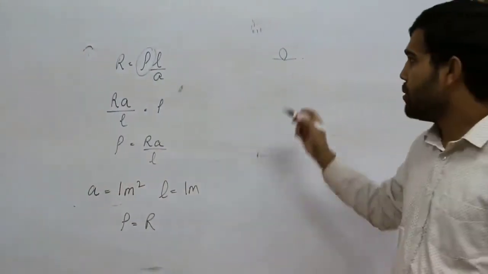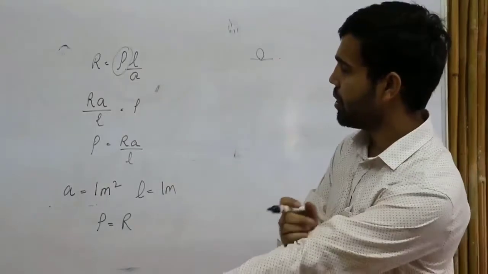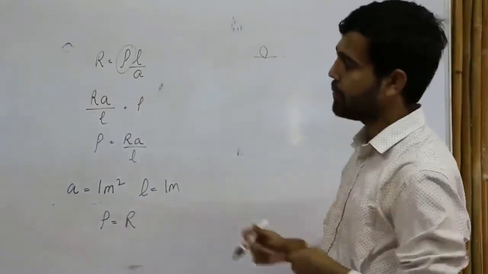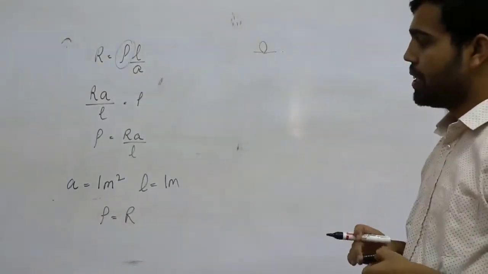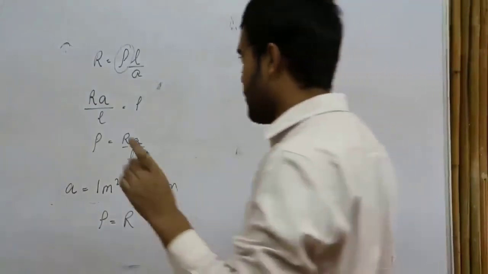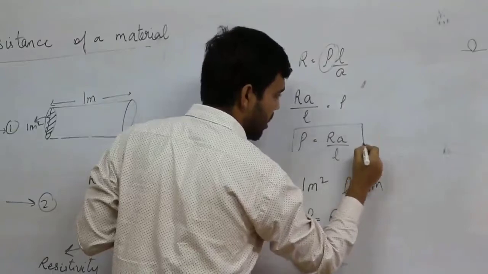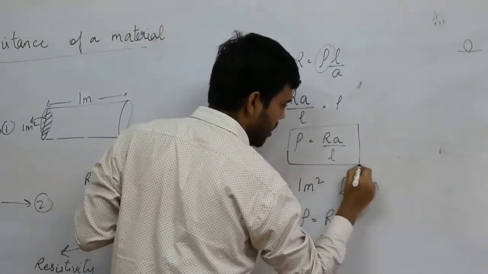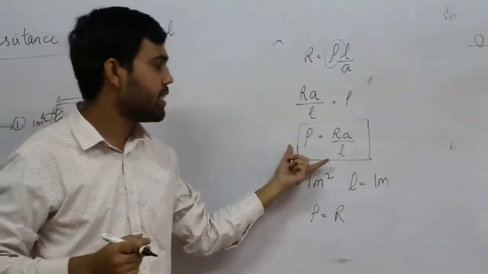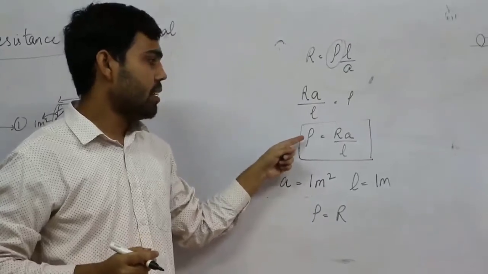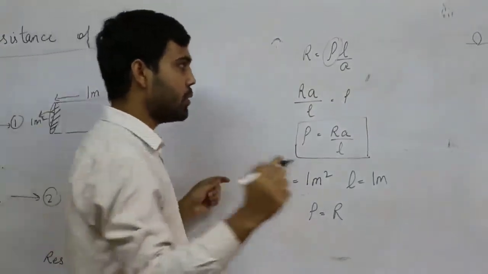From this unit I can also find out the unit of rho, my specific resistance. So what will be the unit of specific resistance? I am using this expression to find out the unit.